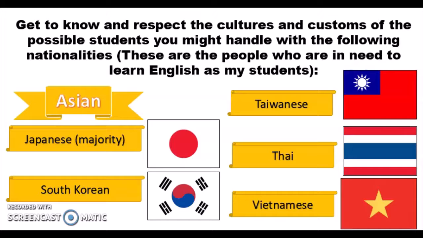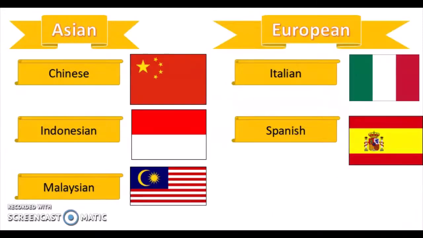First, we've got Asians, the majority of whom are usually Japanese people. They usually book my class. And then we also have South Koreans, Taiwanese, Thai, Vietnamese, Chinese, Indonesians, and Malaysians.